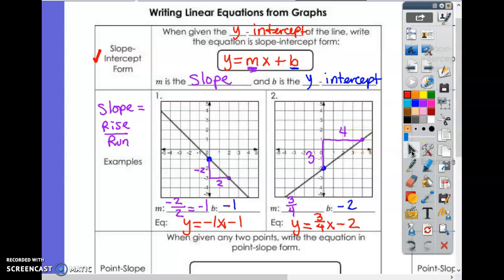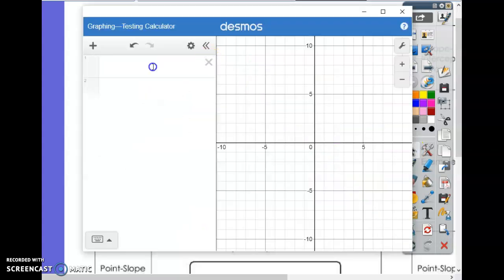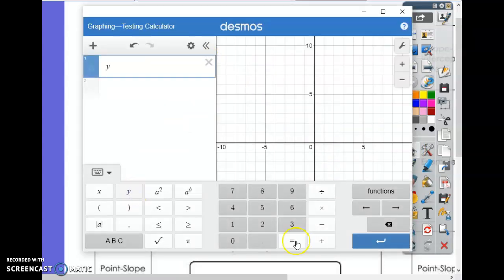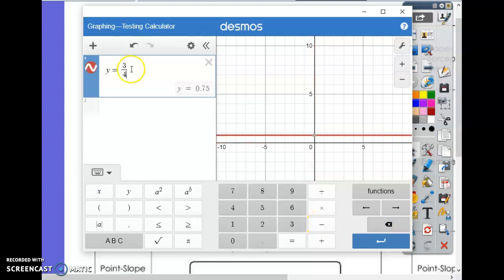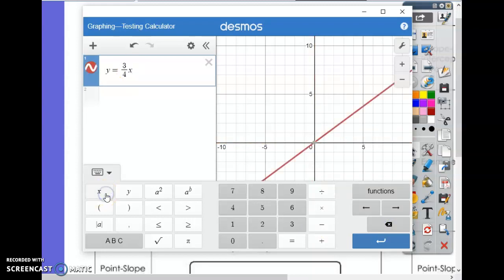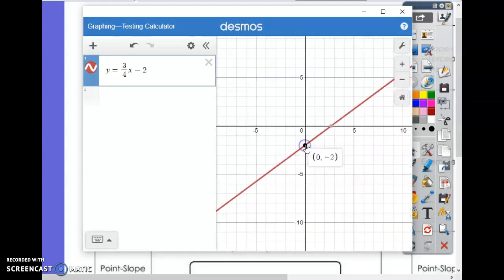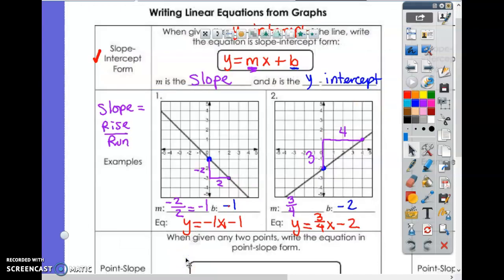Y equals 3/4 x minus 2. Okay? Y-intercept, x-intercept, and then the other one's somewhere up here. Okay, you always have to make sure that it does give you the same equation, that it is the same.